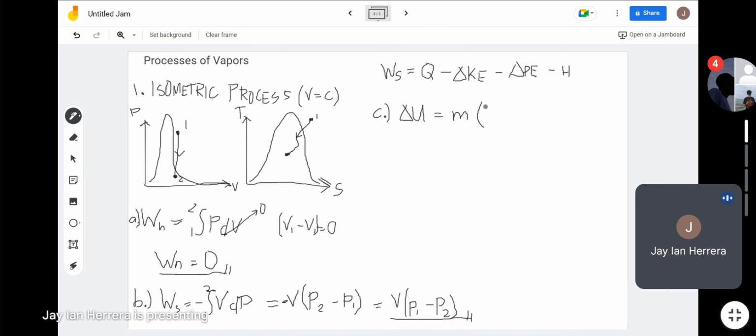Mass multiplied by, hindi na tayo mag-deal here with MCv delta T. So, in processes of vapors, normally, kasi hindi nagba-vary or parang fixed na ang specific heat ng water sa 4.187 or 4.186, so on. I-rerekta na natin yung internal energy mismo.